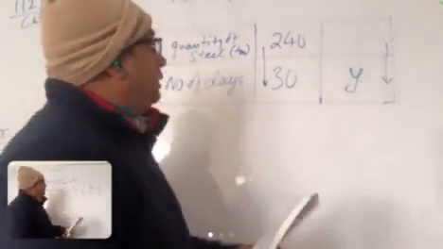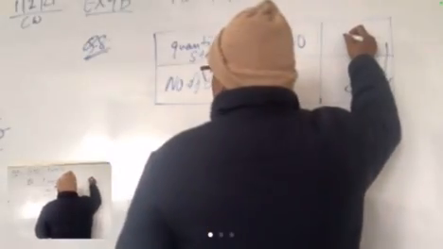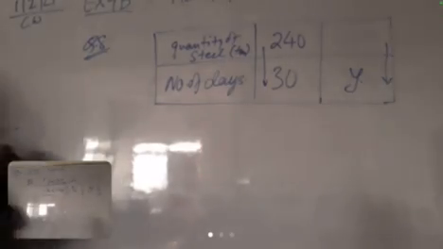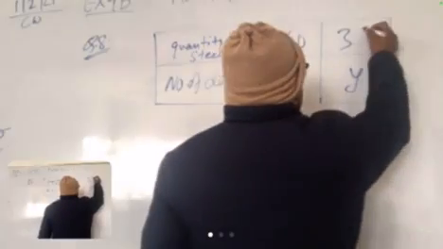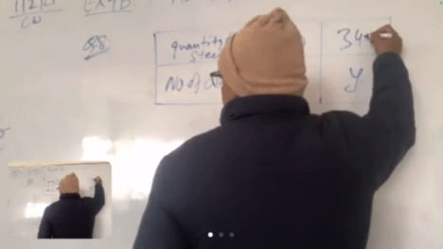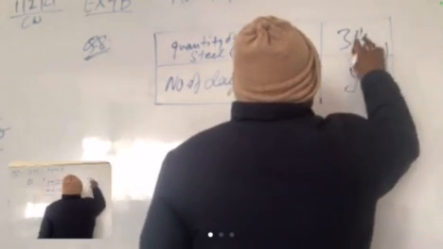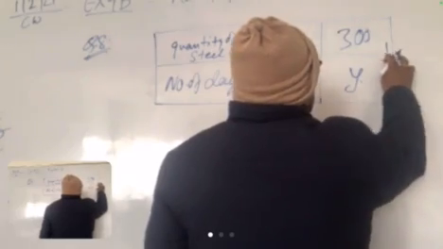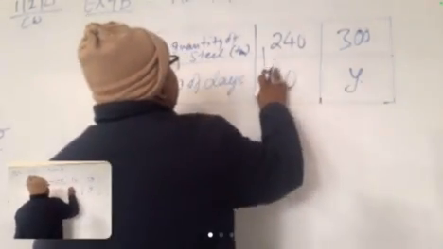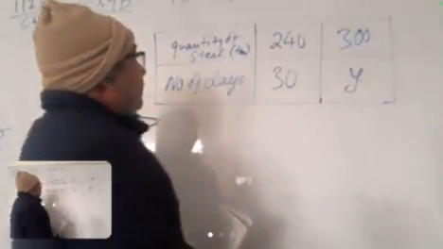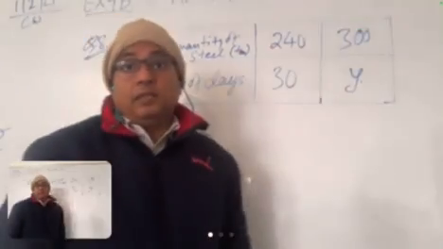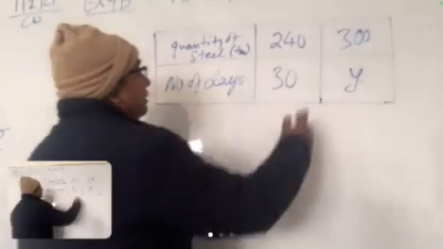At the beginning of this is okay. If it is 180, then 340, 60. Now it is 300. So this is basically how. Which type of question is this? If the quantity of steel is increased, so the number of days is also increased. You can just cross multiply it.